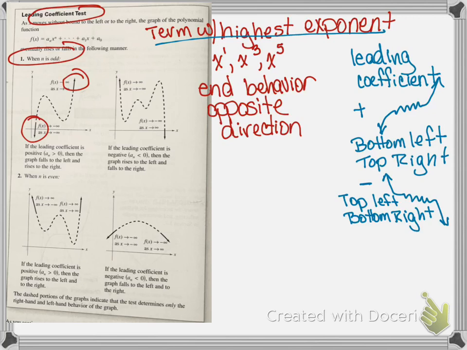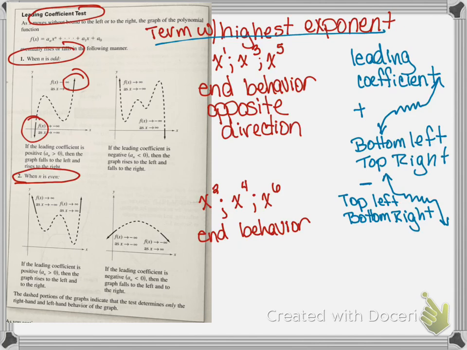The end behavior being even is a little bit more clear because we understand how quadratics work. So when n is even, such as x squared, x to the fourth, x to the sixth, my end behavior is that it goes in the same direction.